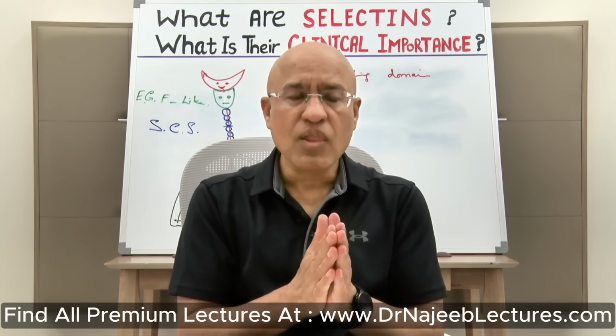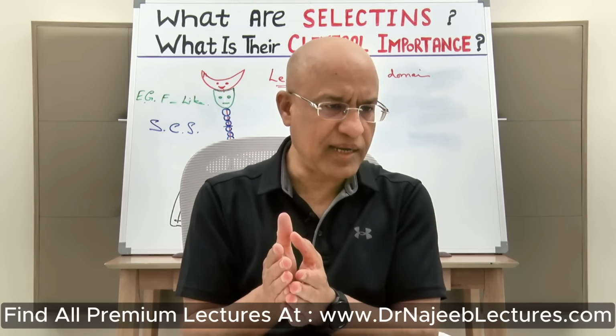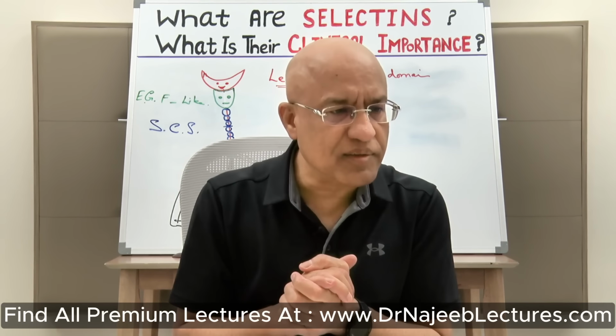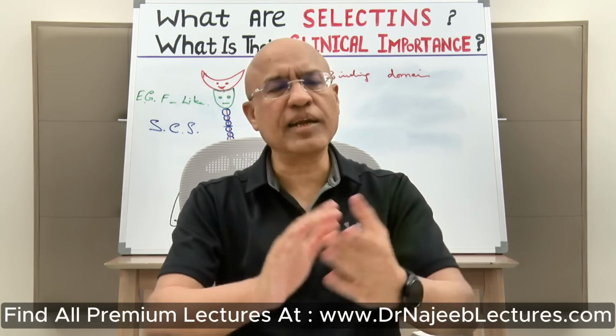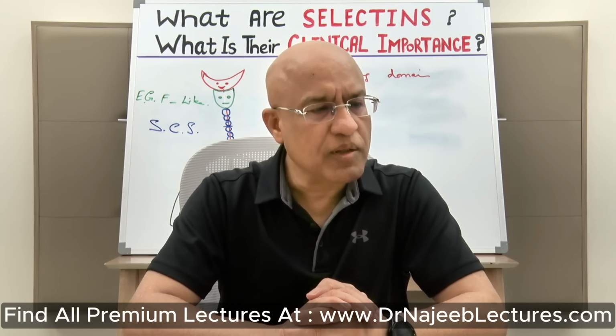But when there is a little more time to the inflammation and there is accumulation of cytokines, then the cytokine activated endothelium will express E-selectins. And L-selectins, I already told you, are naturally present on leukocytes.